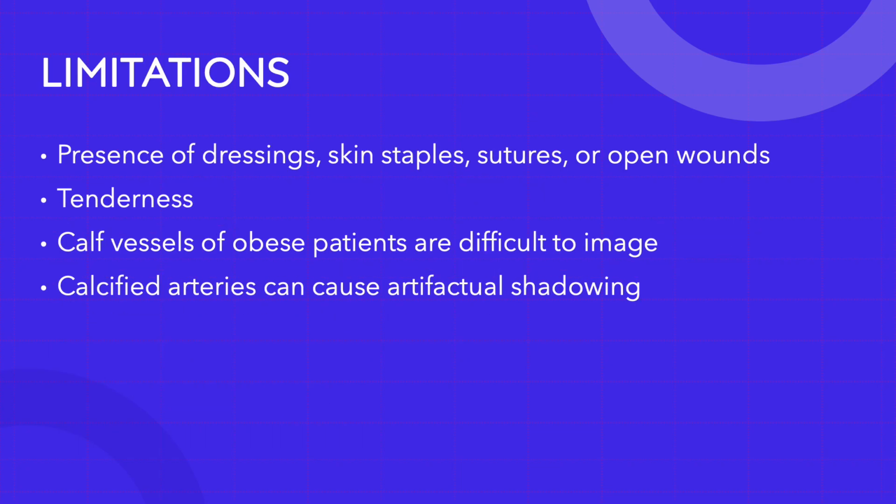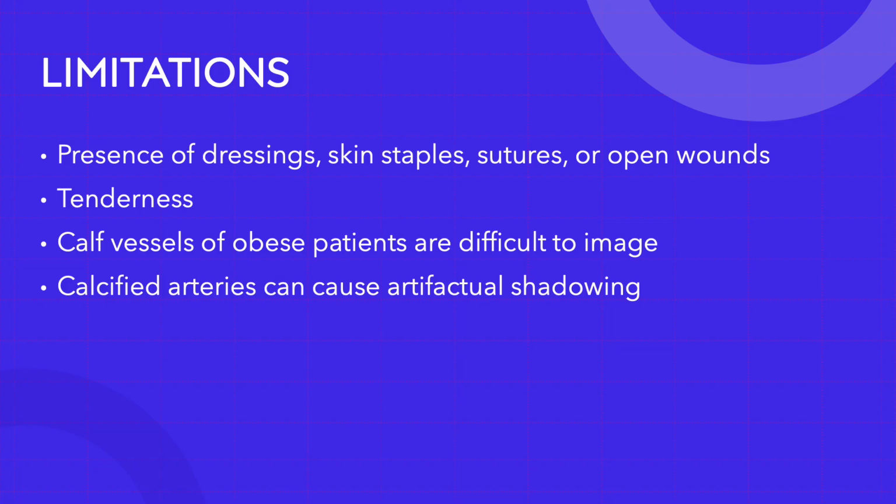Limitations pretty much the same here. We can't see through dressings, skin staples, sutures, open wounds make it very hard to image. If patients are tender, you can't apply that pressure that you need to get a good image. Calf vessels on obese patients are very difficult to image.